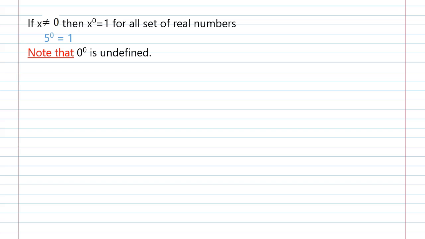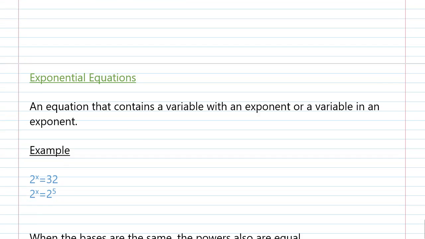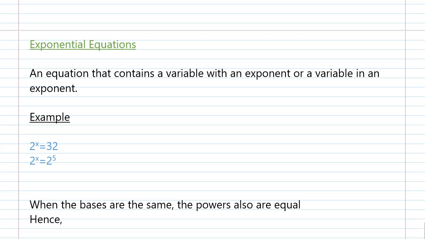So 0 to the power of 0 is not 1. It's undefined. Now let's move on to the last part of this session, which is exponential equations. An exponential equation is any equation that contains a variable in an exponent. As an example, we have 2 to the power of x equals 32.